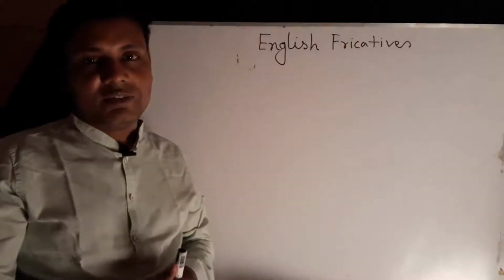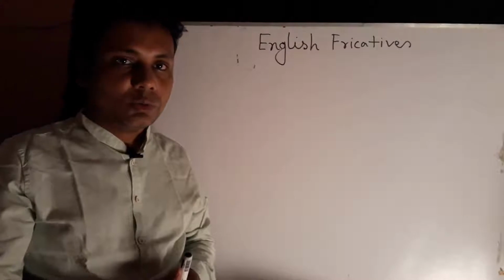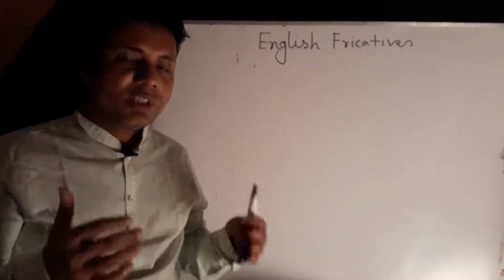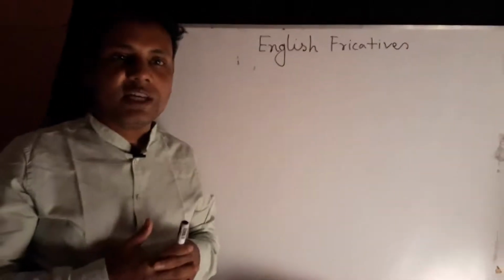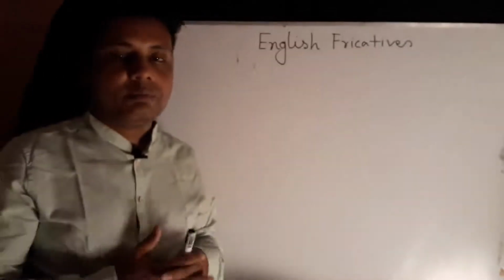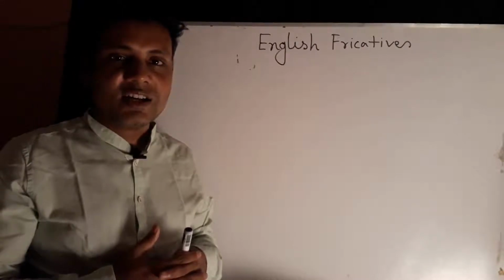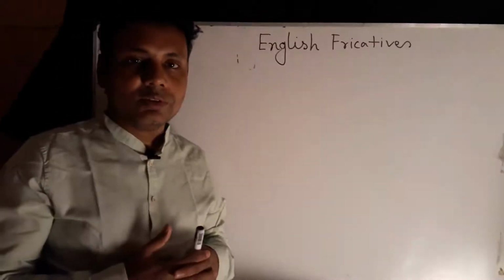What are fricatives? Fricatives are the sounds which are produced with friction. What is friction? Friction is a kind of hissing sound like zzz. For example, fa, va, sa, za, etc. are fricative sounds.